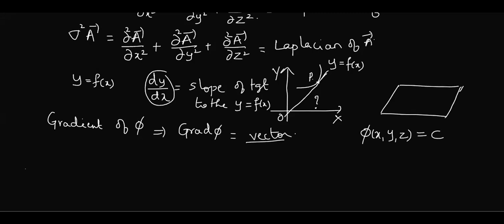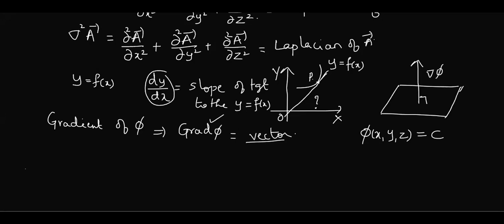If I draw it geometrically, phi of x, y, z equal to c becomes some surface, like your book. Now, when I'm finding the gradient of phi, actually I'm finding a vector which is perpendicular to this surface.